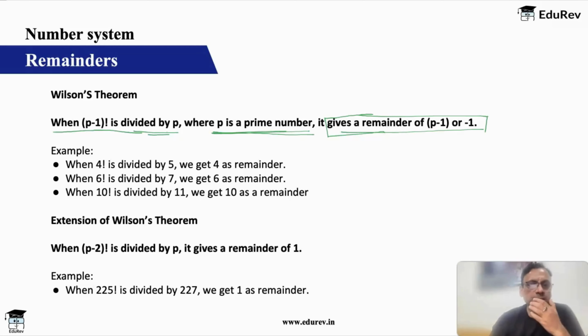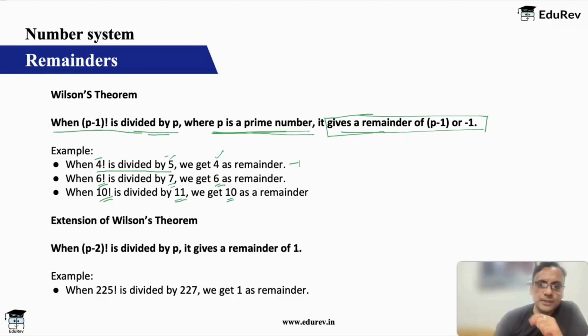For example, when 4 factorial is divided by 5, this is (p minus 1) factorial divided by p, 5 is a prime number, we get 4 as the remainder. Or we can even say minus 1 is the remainder. Similarly, when 6 factorial is divided by 7, we get 6 as the remainder. 10 factorial divided by 11, we get 10 as the remainder.